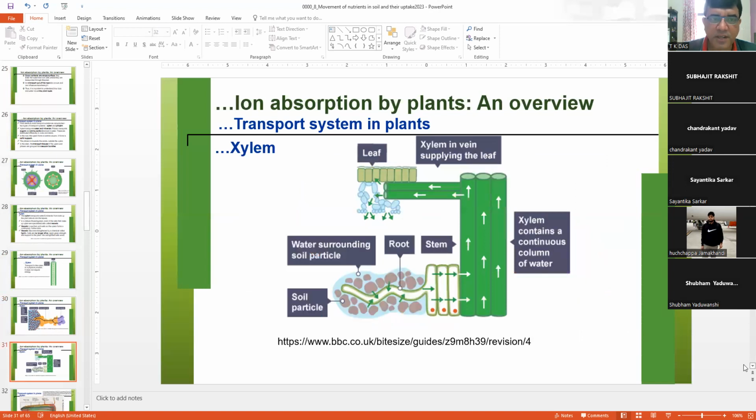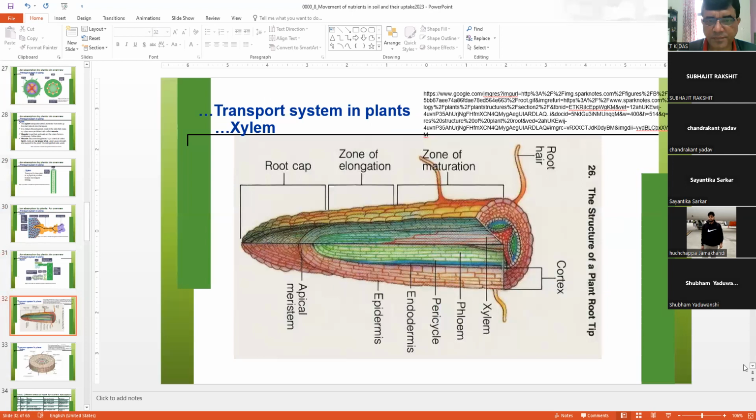And this picture was also shown to you, ion absorption by plant transport system. And you can see the root, the cross section or longitudinal section of the roots and different parts are shown. So here you can see that nutrients are taken up by all parts of the root, whether it is zone of maturation, root hair, zone of elongation, root cap.